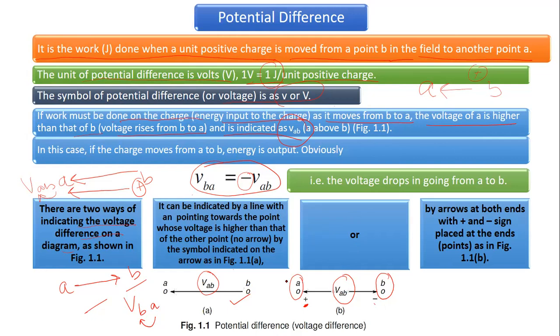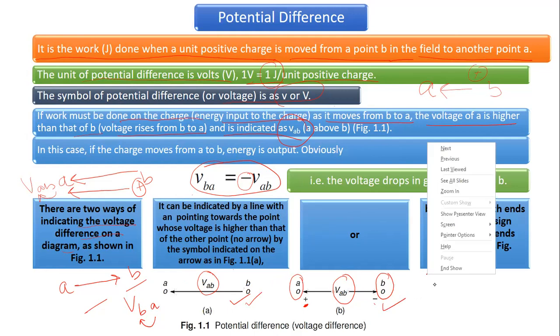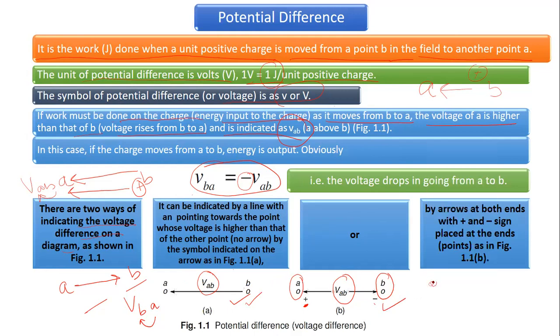So there are two ways of representing the voltage direction. Either you can indicate it through polarities, plus and minus, or you can indicate it through an arrow. For example, there is a network with two terminals, A and B, and the direction of voltage is shown like this.